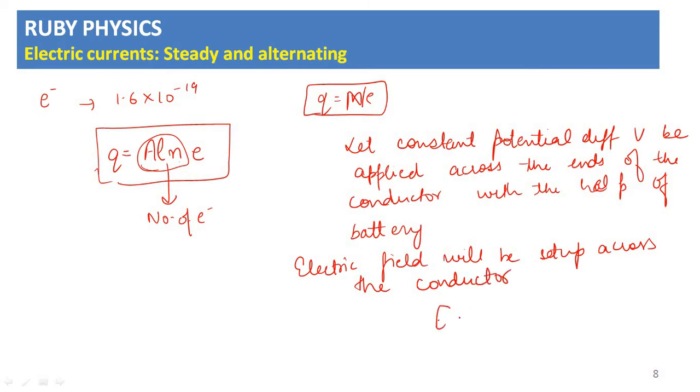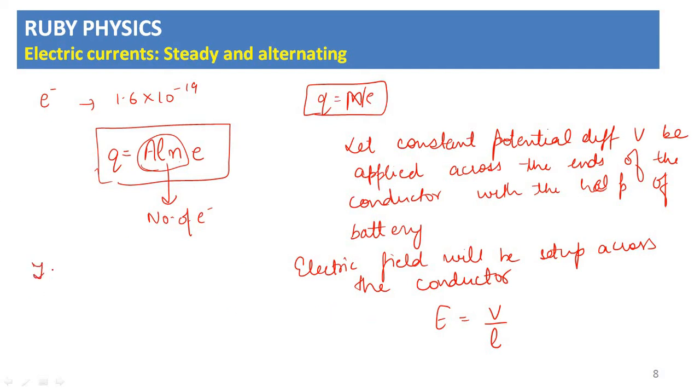This electric field will be equal to V by L, and due to this electric field, the free electrons present inside the conductor will begin to move with the drift velocity Vd, which I have shown in the direction opposite to the electric field.